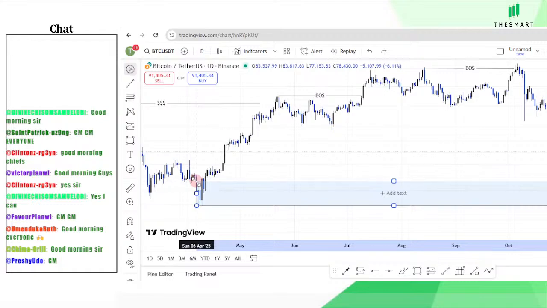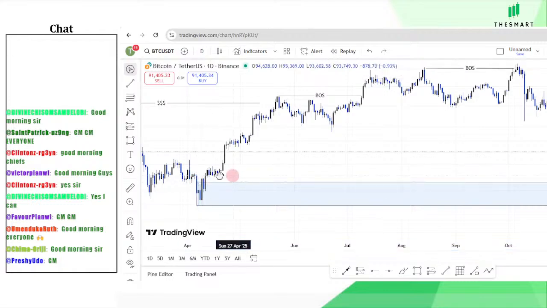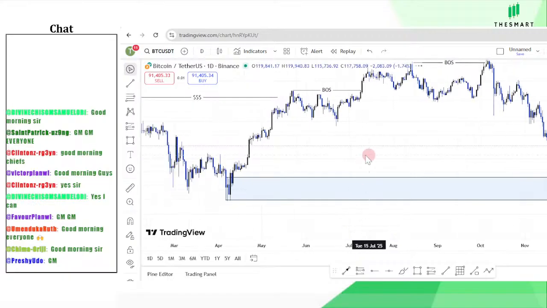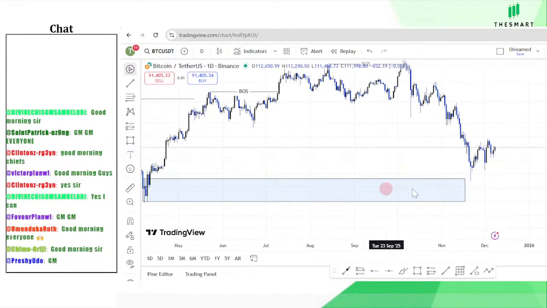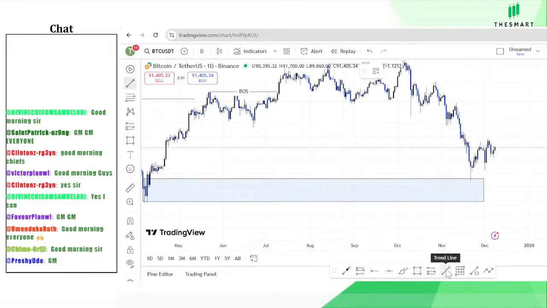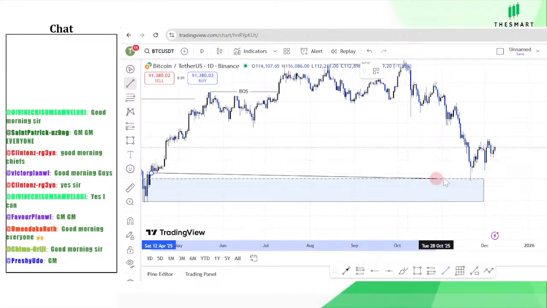So if we refine this other block, this is what we have on the daily here. Let's put this chart together. Okay, so extending this other block to the right, we can see that price has already mitigated this level, taking out all of the liquidity we have at this point. Price has taken this liquidity.